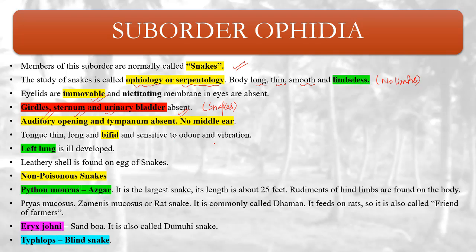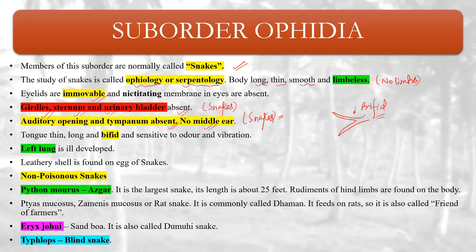Auditory opening and tympanum are absent in snakes, while in lizards they were present. No middle ear in case of snakes. Tongue is thin, long and bifid, like this. Bifid tongue.